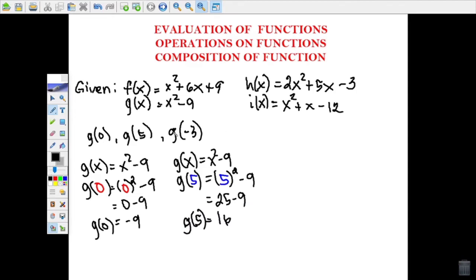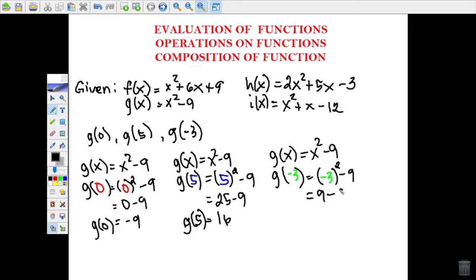Okay, lastly, for the g of x, so we have given g of x is equal to x squared minus 9. And we are asked to find g of negative 3. Okay? So, negative 3. So, ang gagawin natin, substitute lang natin sa x yung negative 3. So, negative 3 tapos squared minus 9. And negative 3 squared, negative 3 times negative 3 is 9.